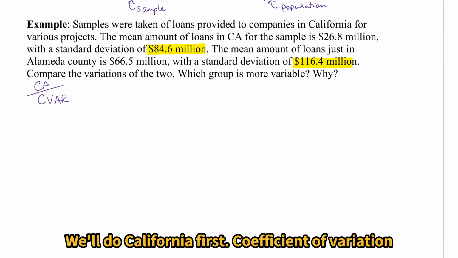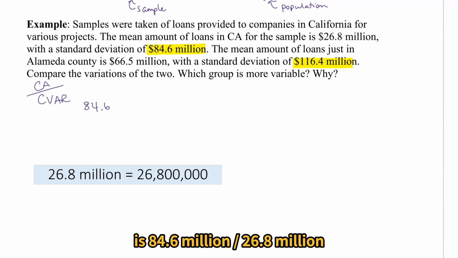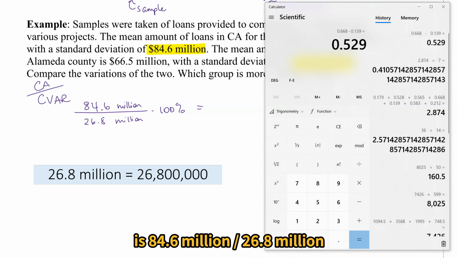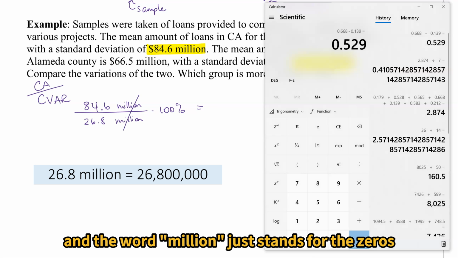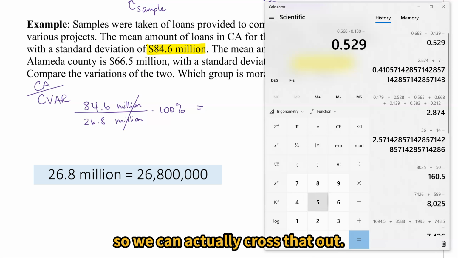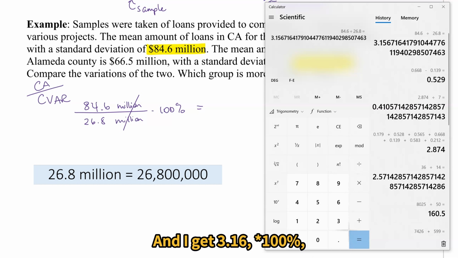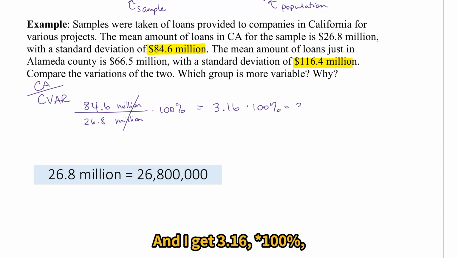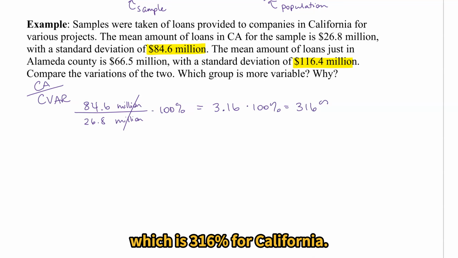We'll do California first. Coefficient of variation is 84.6 million divided by 26.8 million. And the word million just stands for the zeros, so we can actually cross that out. And I get 3.16 times 100%, which is 316% for California.